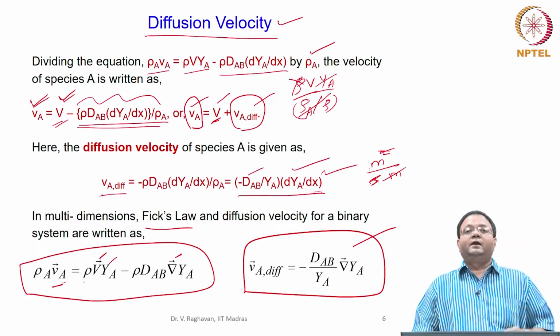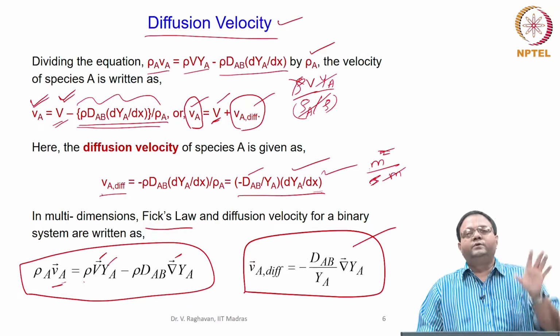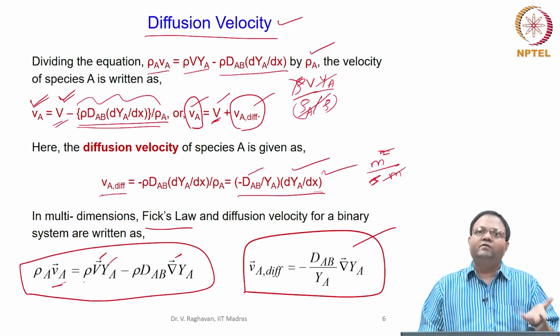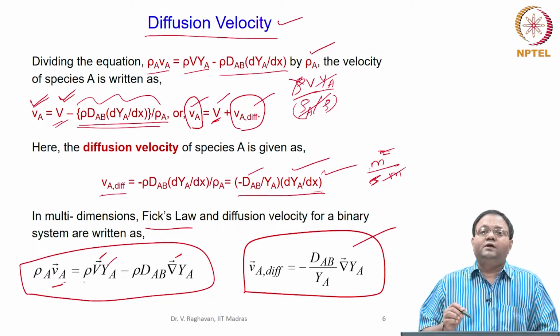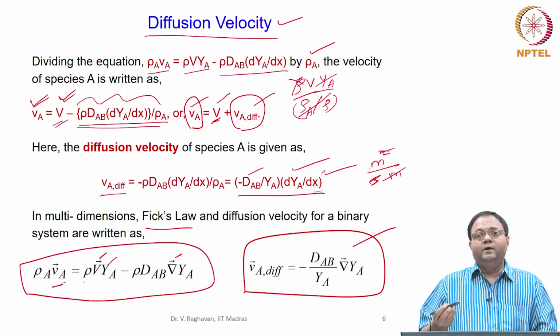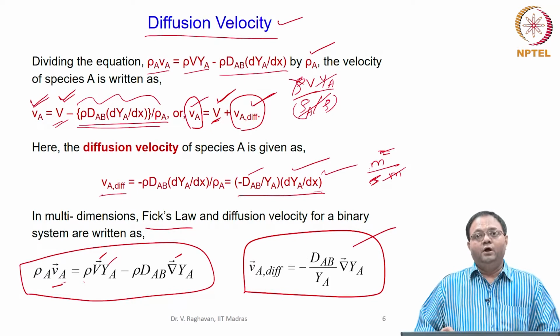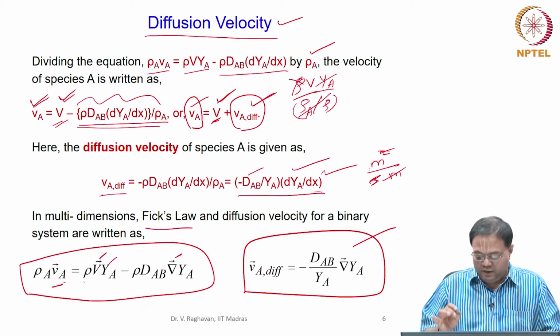Please understand that in a multi-component mixture, we need to conserve all the species, individual species should be conserved. For that you have to form a governing equation which involves the species velocity. Since we cannot measure that, we have to calculate it in terms of the mixture velocity and the diffusion velocity.